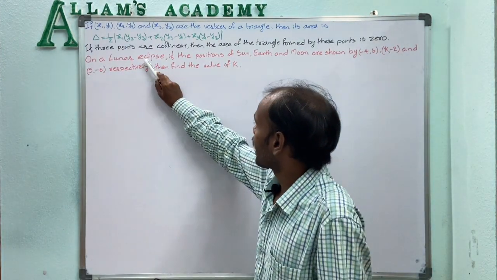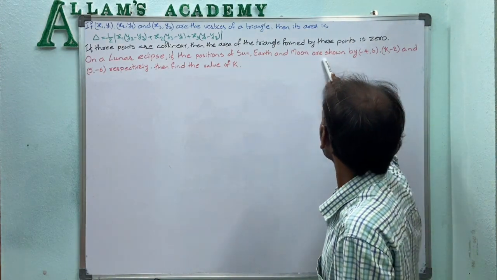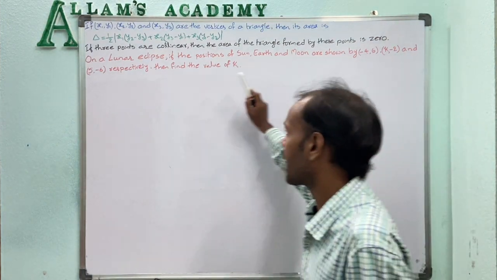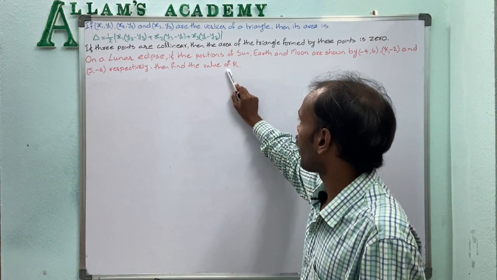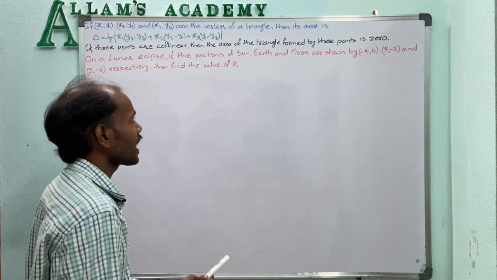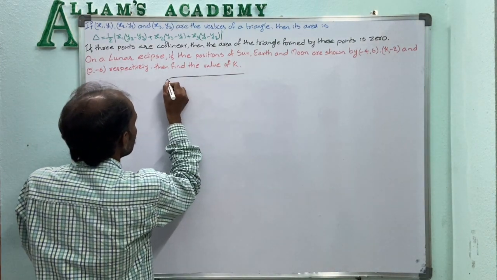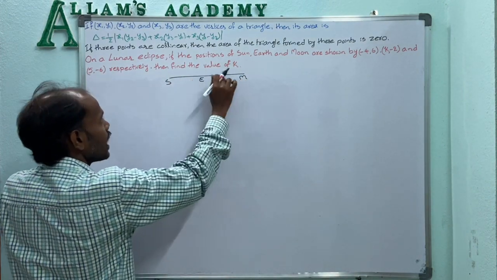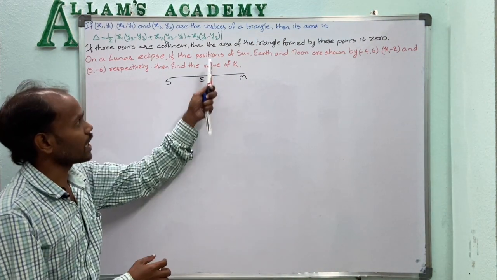On a lunar eclipse, if the positions of sun, earth and moon are shown by minus 4 comma 6, k comma minus 2 and 5 comma minus 6 respectively, then find the value of k. Here, during a lunar eclipse, the sun, earth and moon are on the same line, which means they are collinear points.